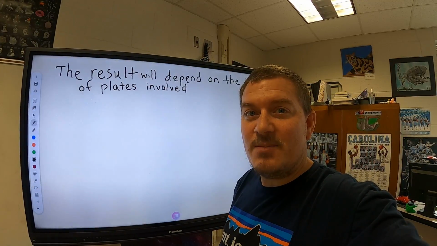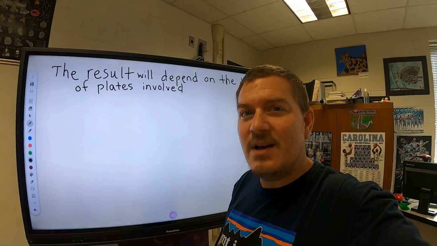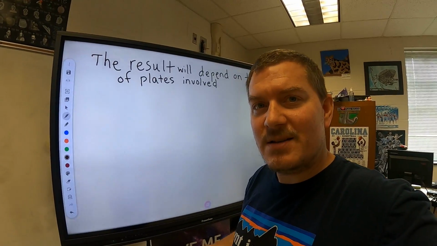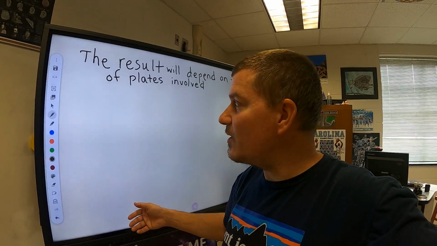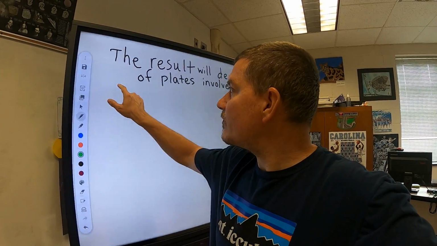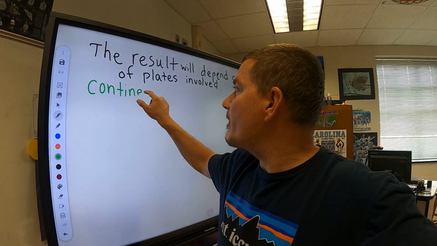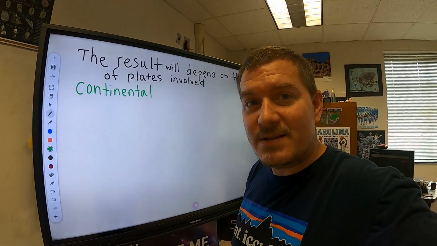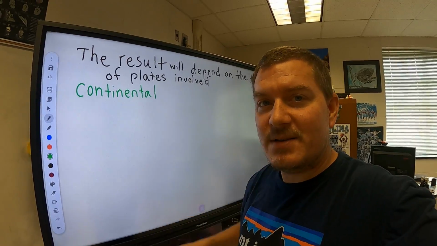The crust is made up of primarily two types of plates. We have continental plates and oceanic plates. So we're going to go ahead and kind of describe some of that because that's going to play an important role in the interaction with these and what result comes from it. So I don't think this is actually all that hard to understand. We have continental plates.